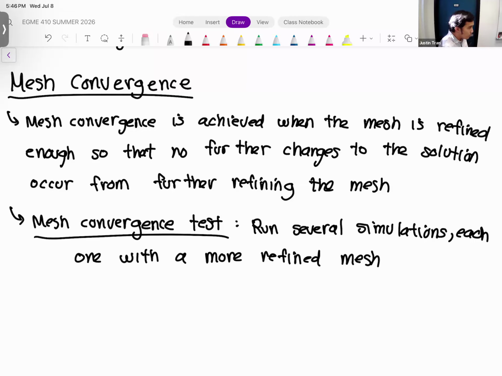Each time you run a simulation, you're going to record the value of a key solution metric.